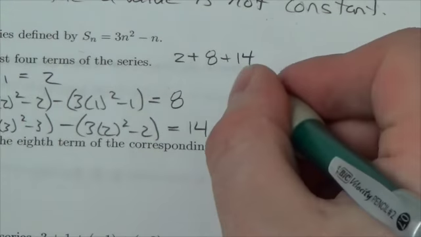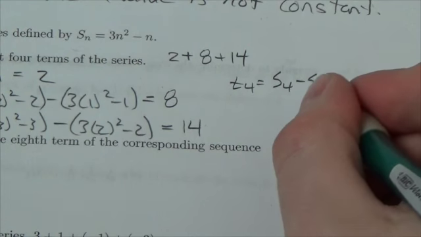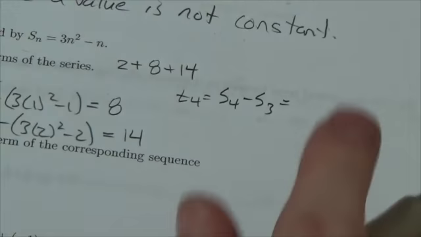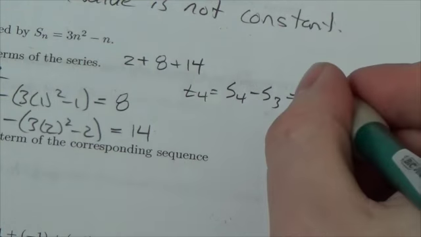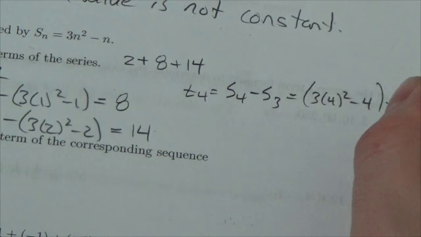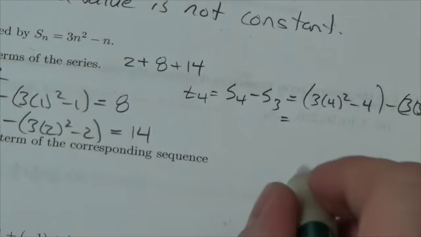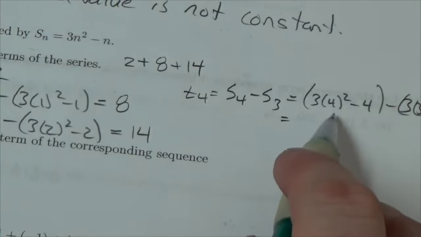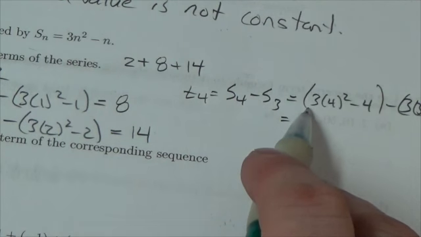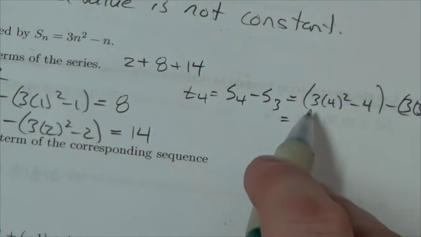We're just going to try one more time to get the fourth term. That is going to be the fourth sum minus the third sum, which, according to our equation, will be 3 times 4 squared minus 4, minus 3 times 3 squared minus 3. 4 squared is 16, times 3 is 48, minus 4 is 44.